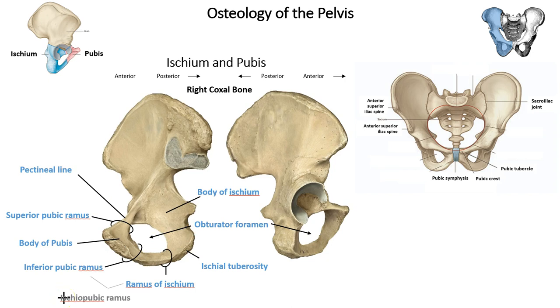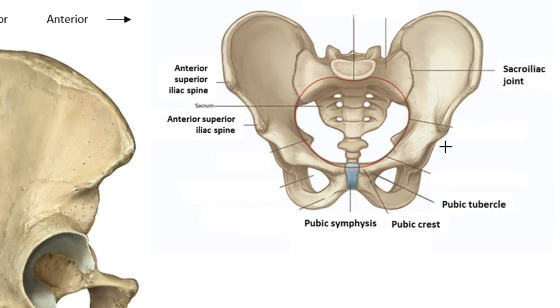A posterior inferior extension of the body is called the ischial tuberosity. This is a very large bony prominence off of which arises several muscles in the posterior thigh region. Let's zoom in on the right-hand side so we can better appreciate these structures within the pelvis.